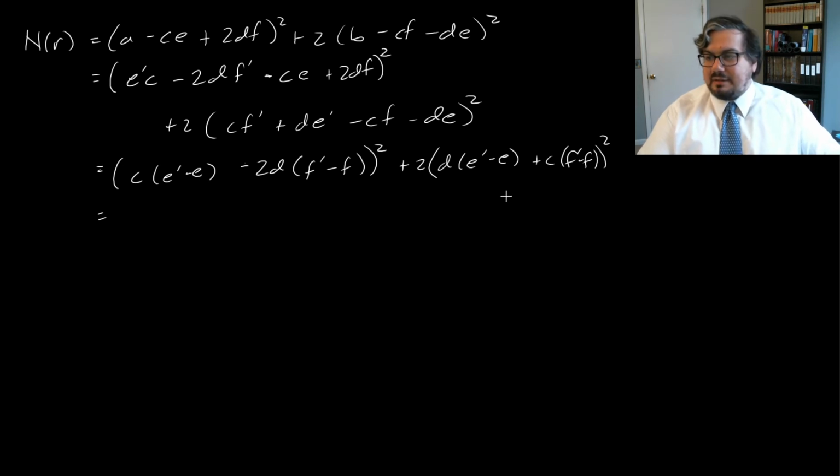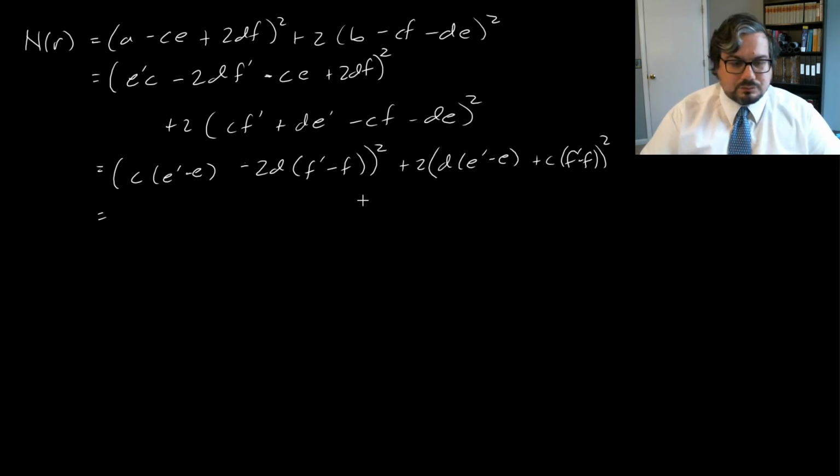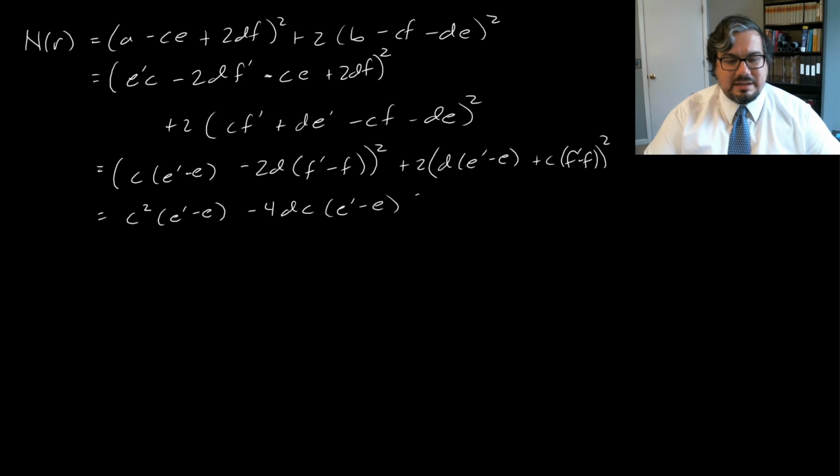And then expanding all this out, we're going to get quite a bit of cancellation. So we get c squared times e prime minus e squared, minus 4dc times e prime minus e times f prime minus f, plus 4d squared times f prime minus f squared.